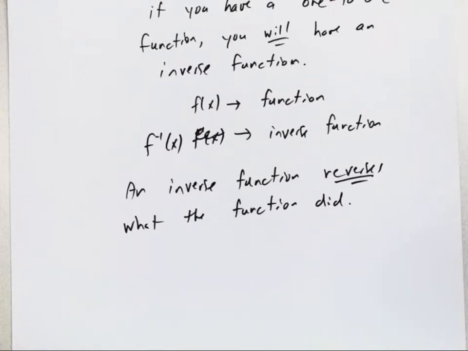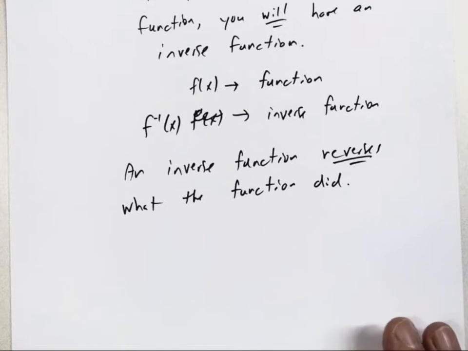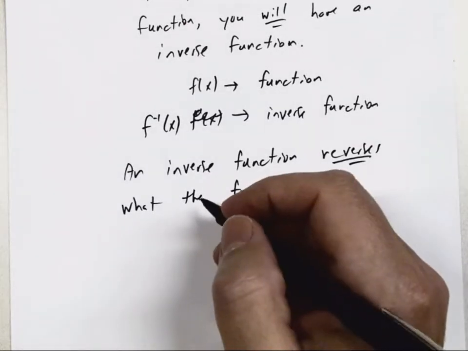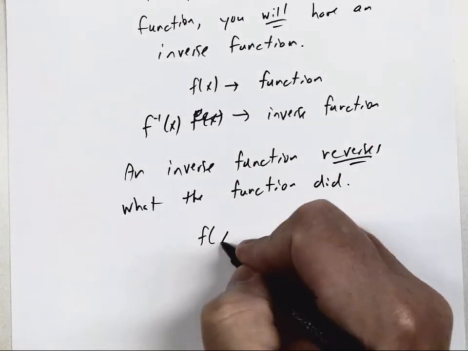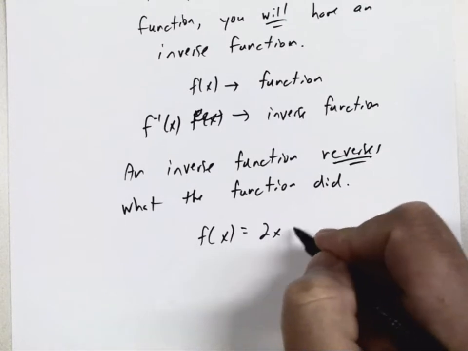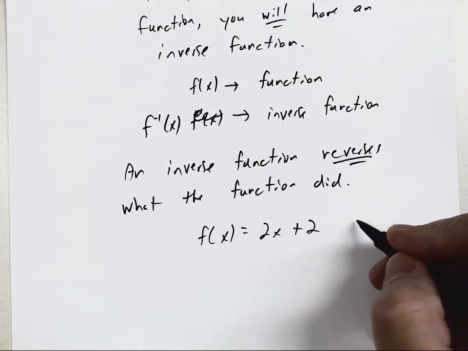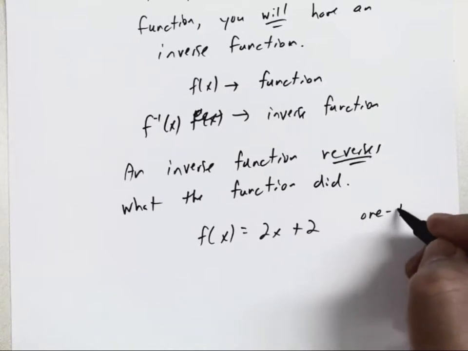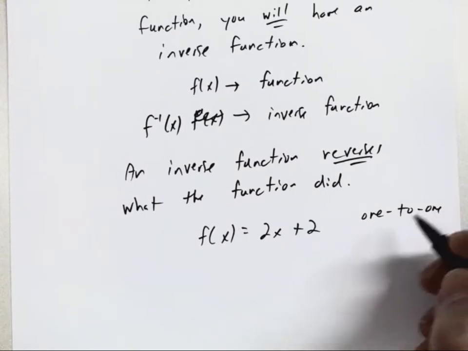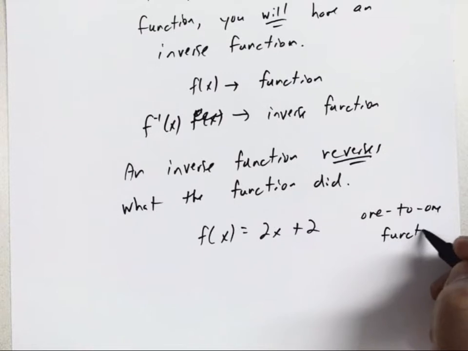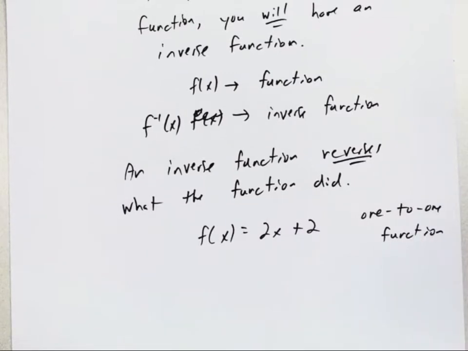So for example, let me give you an easy example. Let's take an equation. I give you this. If we were to check it out, this is a one-to-one function.